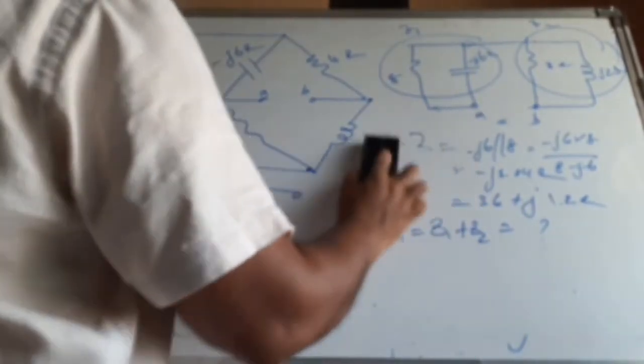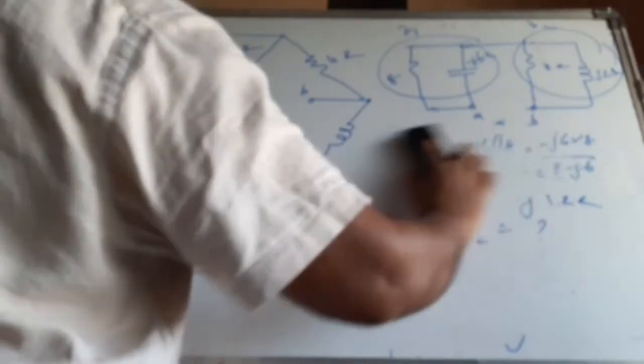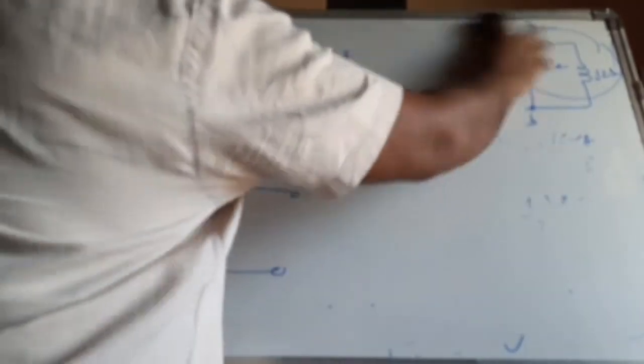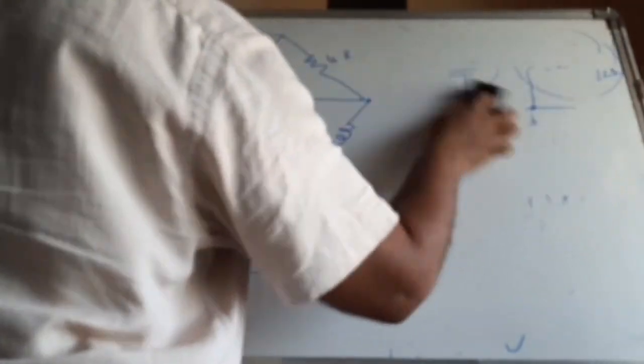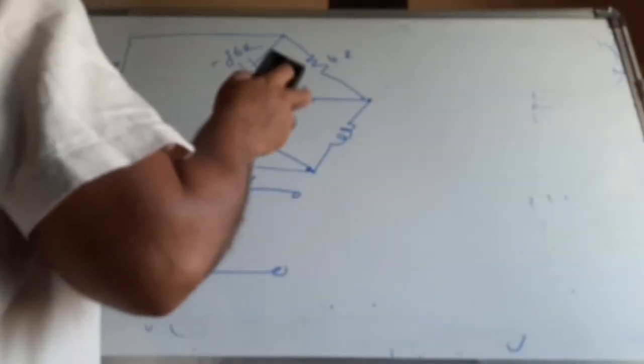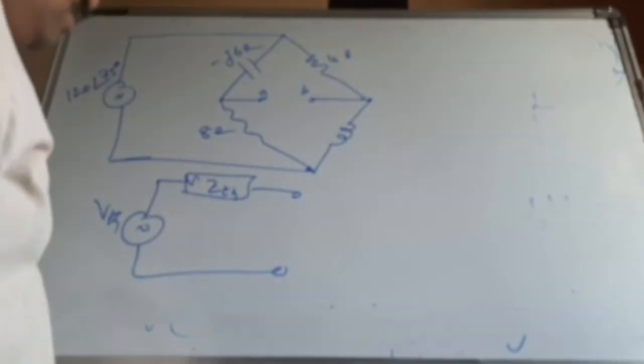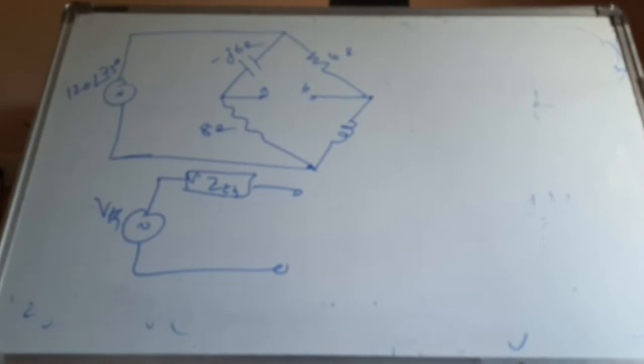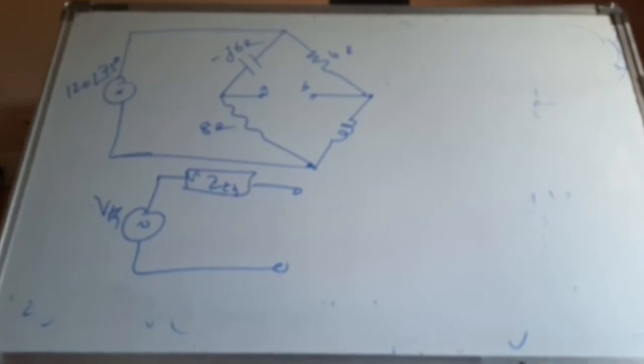I have to find out the Vth. Now we know what Zth is. To find Vth, it's the potential across A and B when the load is open. Under these circumstances, I am going to redraw the circuit for convenience and comfortable analysis.